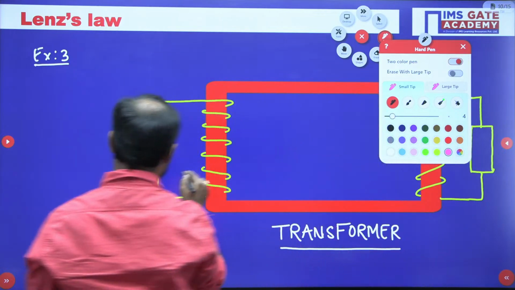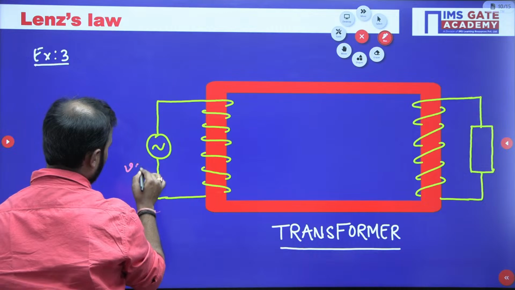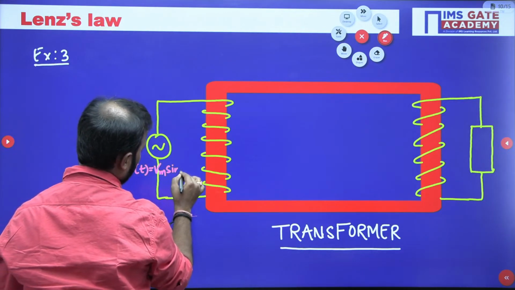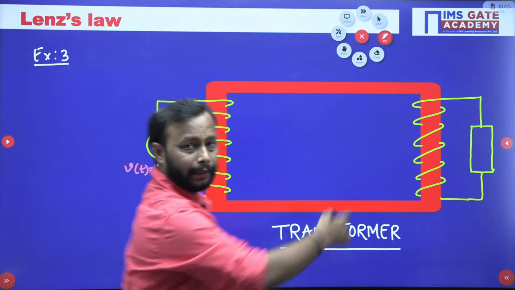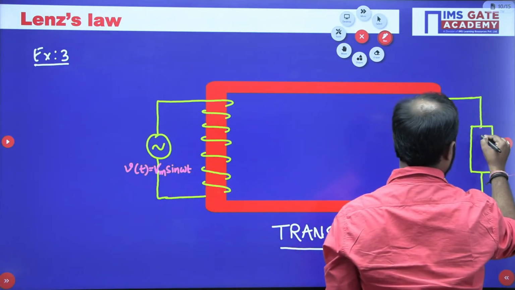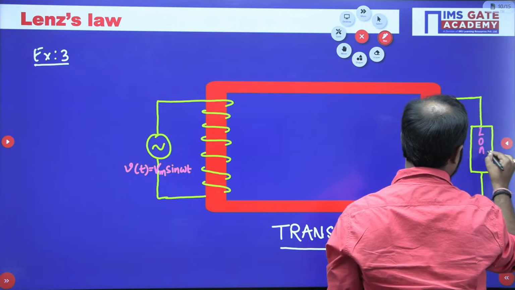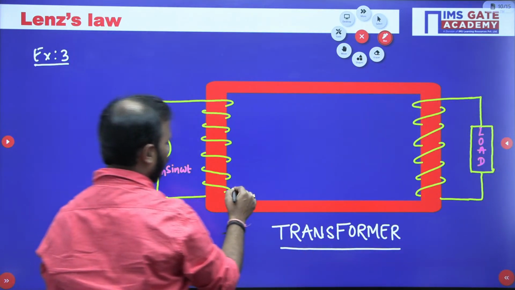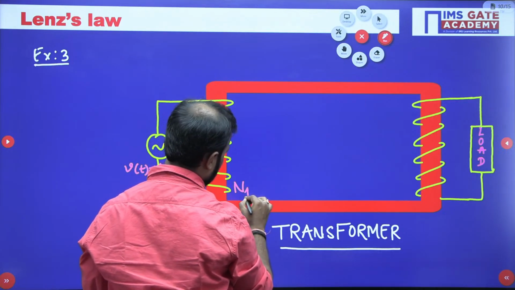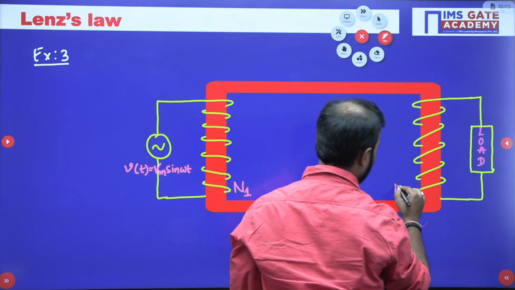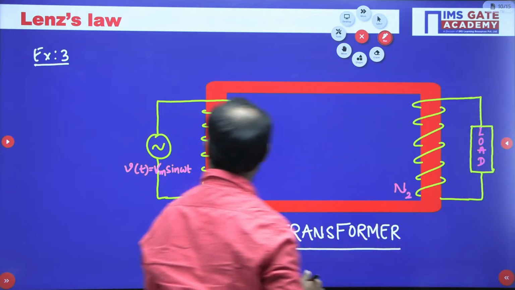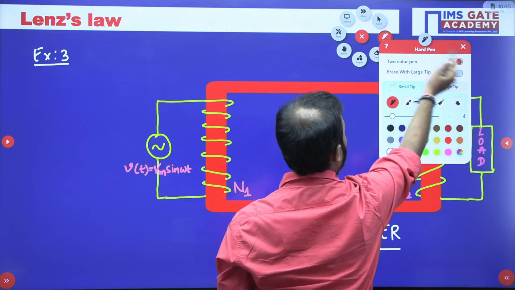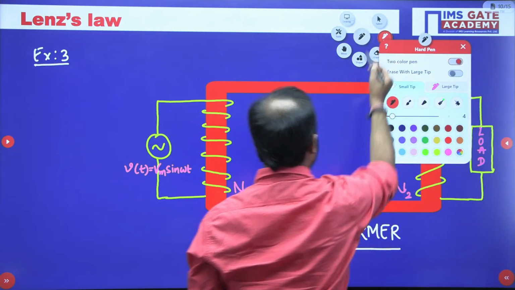Okay, so this is V of t, which is Vm sin omega t, and this is your load. Ajay, any more doubt? This is your load. Let me take the number of turns at the primary side as N1, and at the secondary side let me take N2.